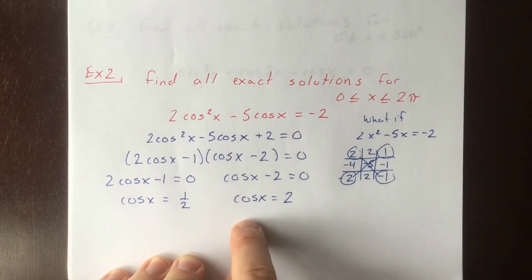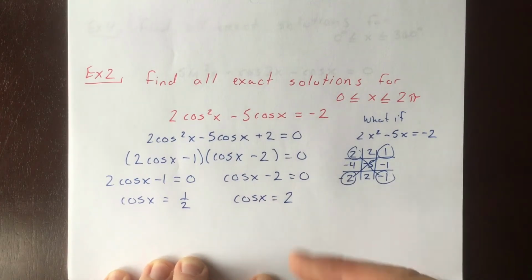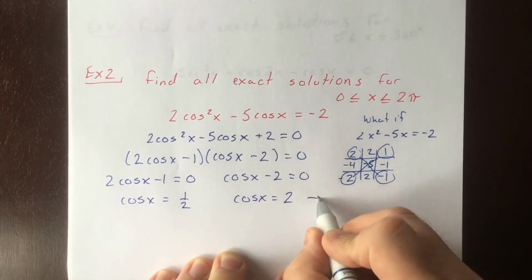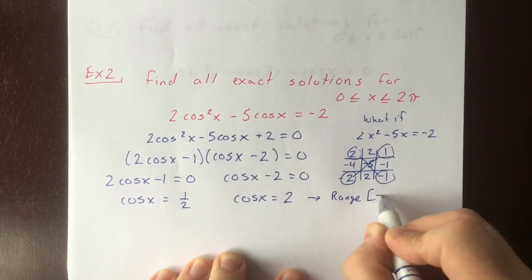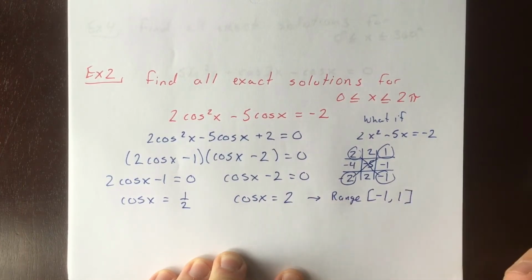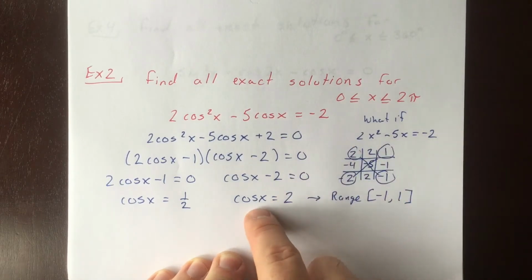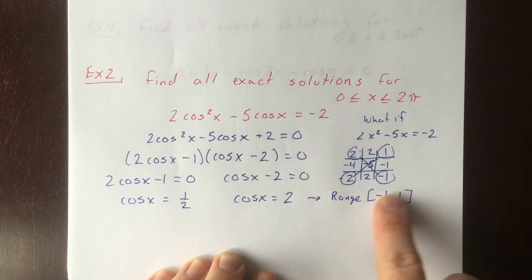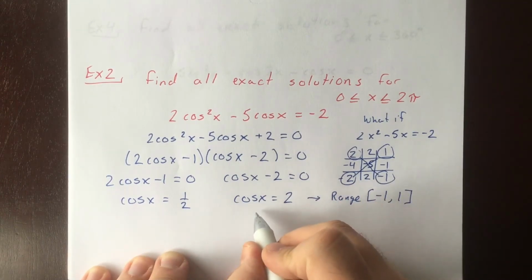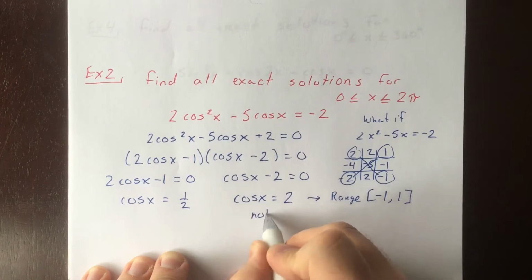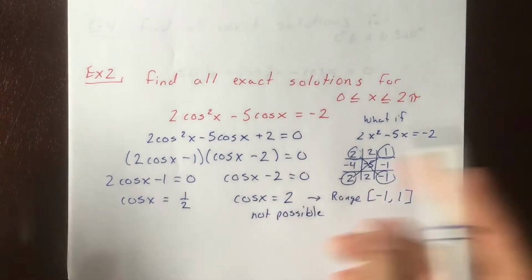Cosine nor sine will ever equal something greater than 1, because the range of sine and cosine is from negative 1 to 1, guys. The output of sine and cosine will be within this region. So this is not possible. I would just leave that alone and disregard it now.